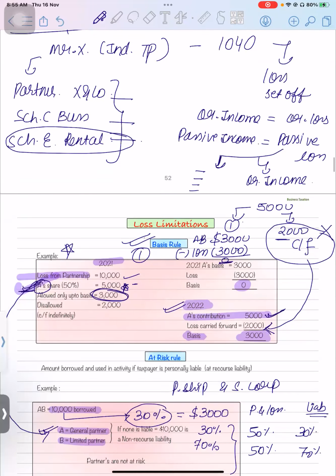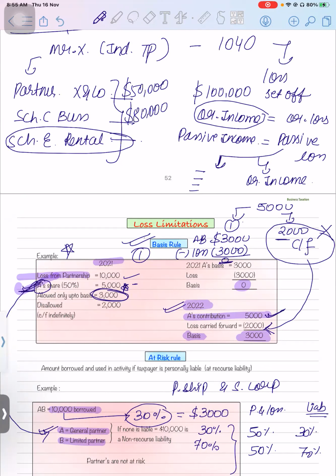So there has to be a particular sequence, like from this ordinary income, who should be given first preference. It is possible that your ordinary income is just $1 lakh, but you have a loss of 50,000 from your partnership firm, 80,000 from your C Corp, and 20,000 from your Schedule E. So your total loss is 150,000.